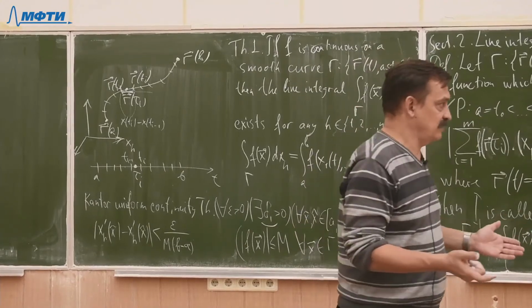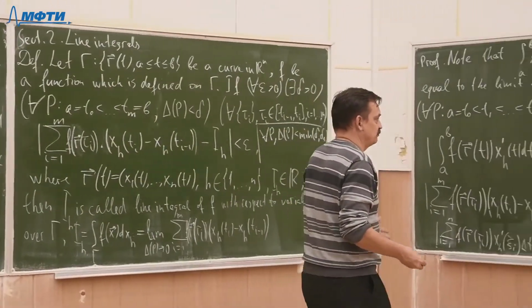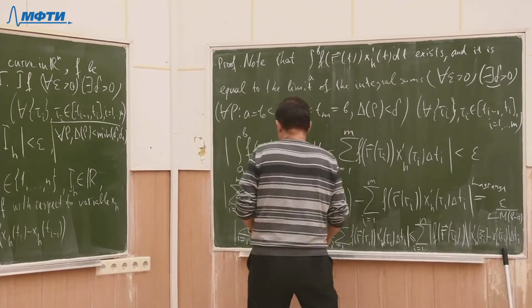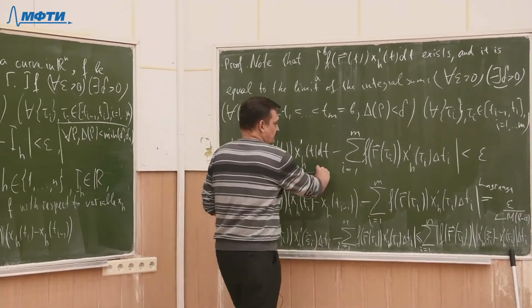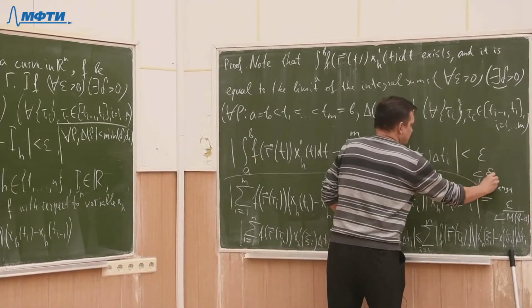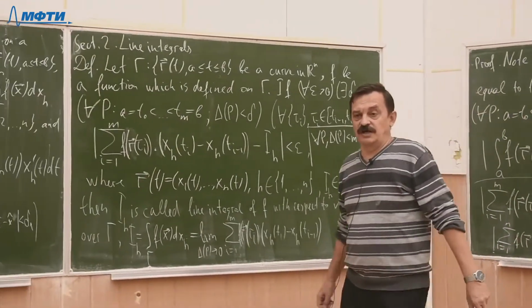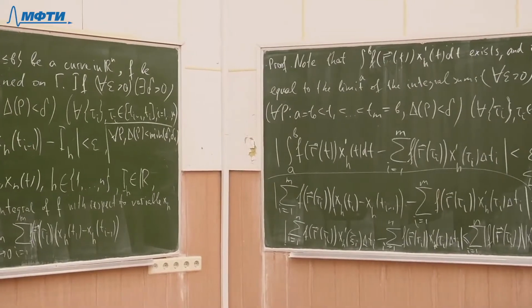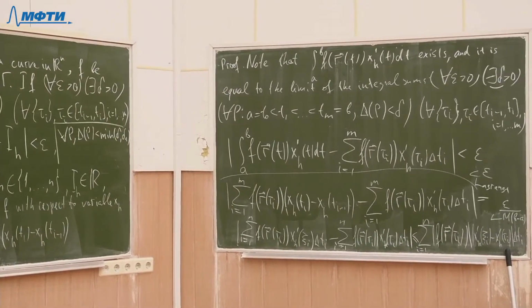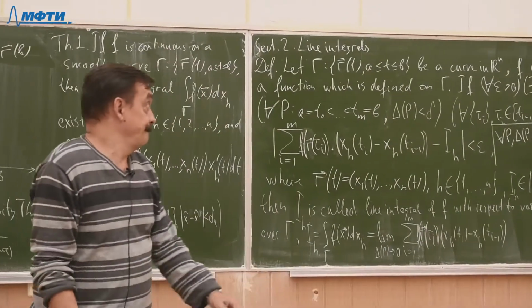So altogether, once again, everything is estimated as less than epsilon. The sum of those two epsilons gives us what we wanted to prove.